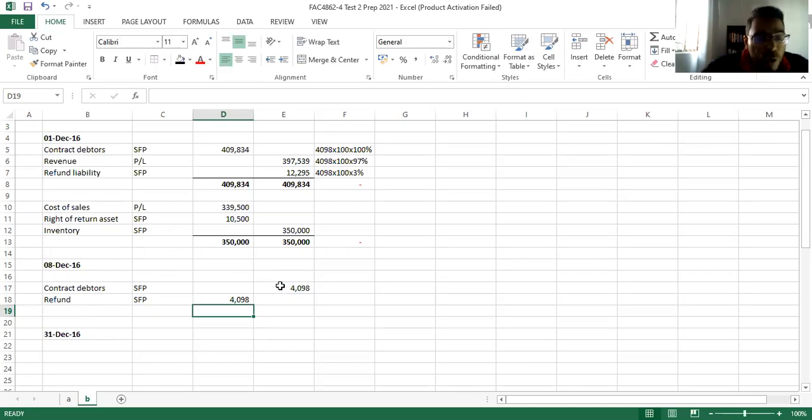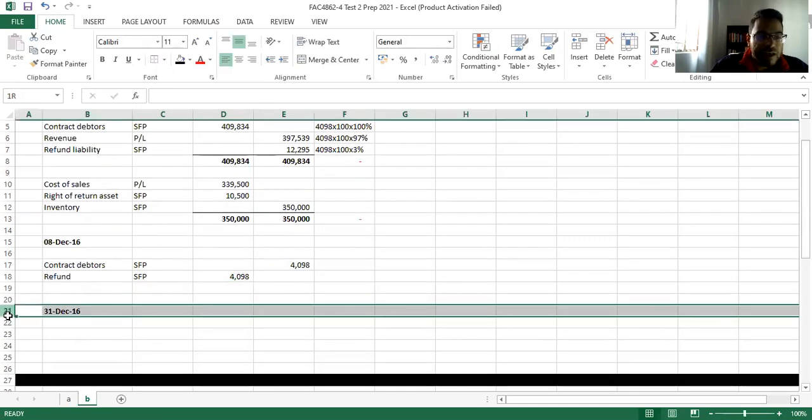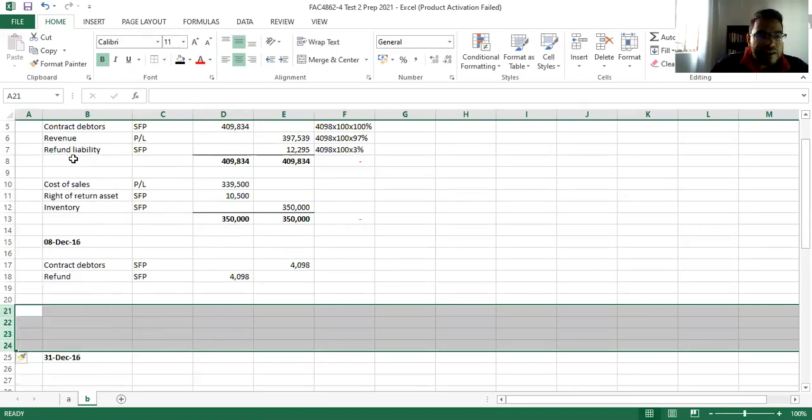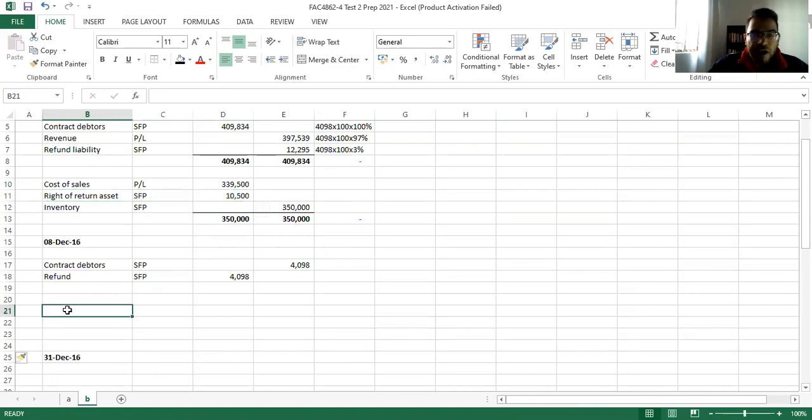Remember, with a refund comes the cost of sales aspect, or the right to return asset. We have raised a right to return asset for 3 computers. 1 computer was returned, so therefore that asset is sitting at an estimate of 3 returns, and we need to now reduce it to 2 because one person actually returned.